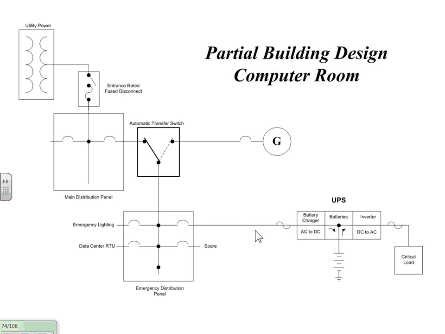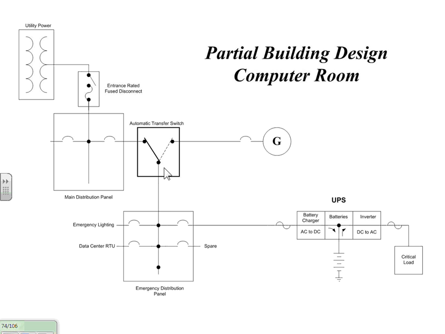If the power fails here, so utility's gone, this goes dark, this goes dark. Generator set starts because the voltage sensors here saw it. Generator comes up to speed and frequency. Voltage sensors here see it. Switch transfers from this position to this position.